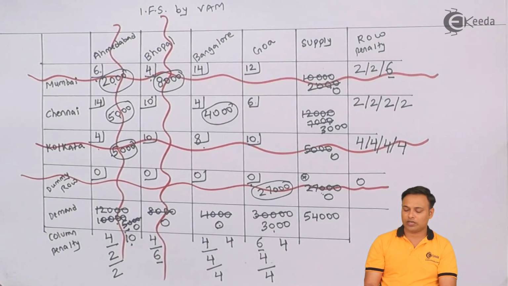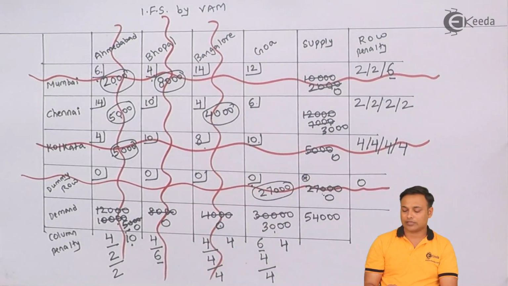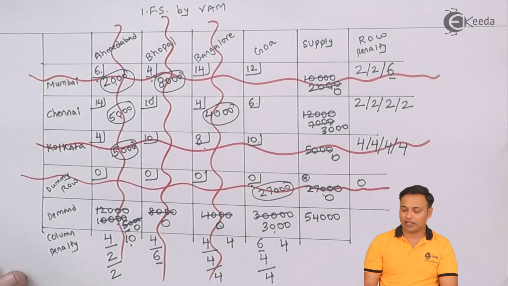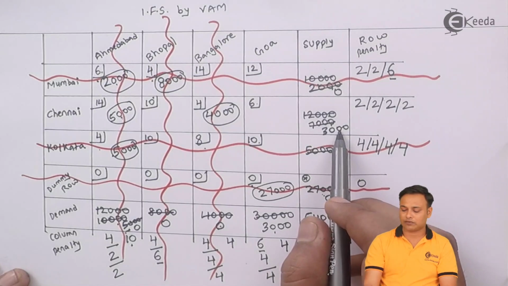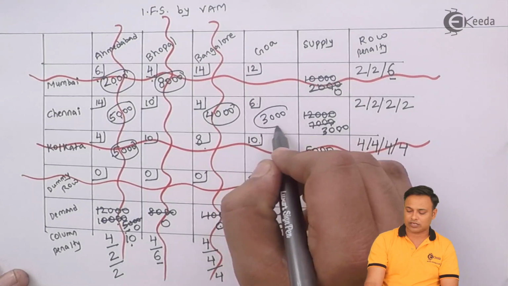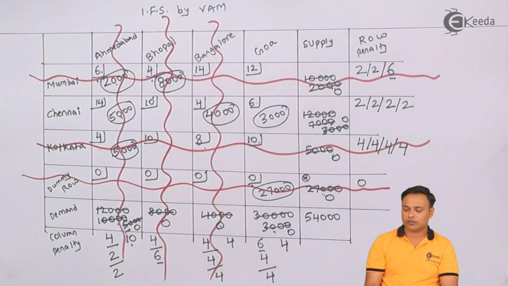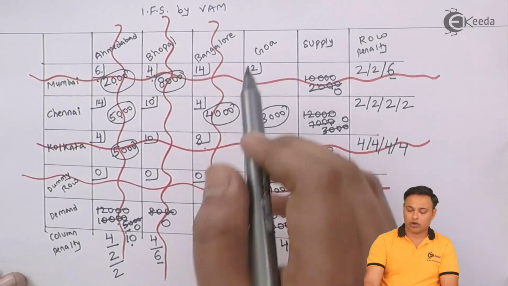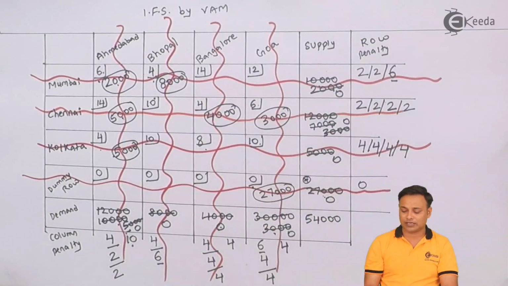Since I got a 0 here, this particular column shall be cancelled. Now I am remaining with only the first column. So here I have a supply of 3,000 and a demand of 3,000. I will simply allocate this 3,000 here. I will get a 0 here and a 0 here. With this, my column as well as my row is fully cancelled and my allocation is complete.